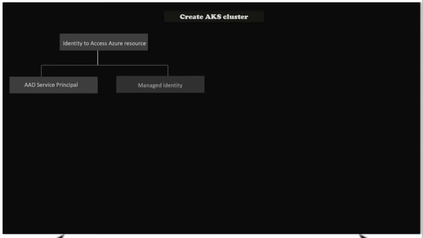So there are two ways we can have an identity for our AKS cluster to get access to other Azure resources. An Azure Active Directory service principal accesses resources secured by the Azure AD tenant. The identity that requires access must be represented by a security principal.